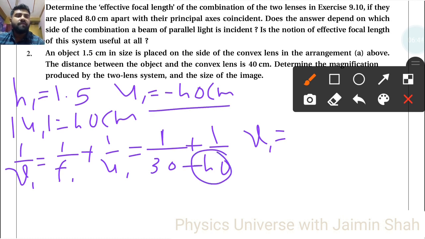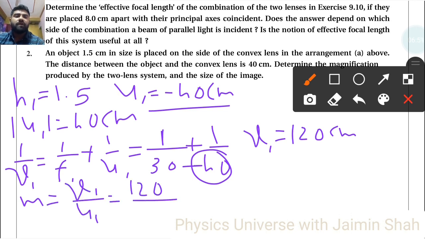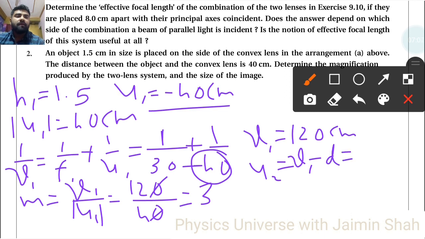So v1 will be 120 centimeter if you do this solution properly. So magnification is v1 upon u1, that is 120 upon 40. For magnification we use the modulus value. So the zeros cancel out and we are left with 3. Now u2 is equal to v1 minus d, that is 120 minus 8, which is 112.